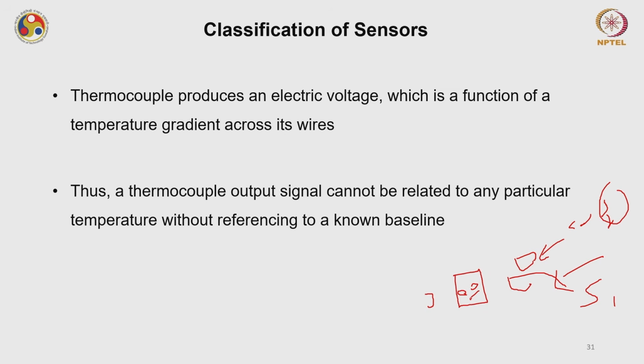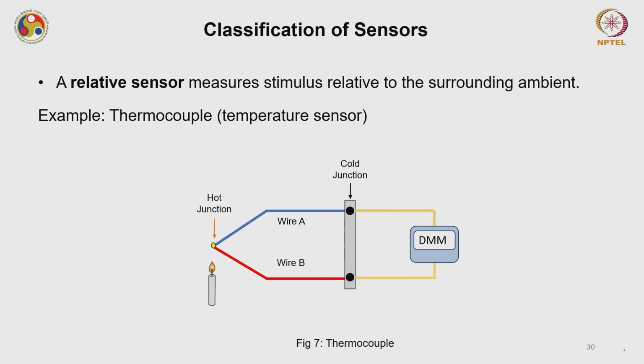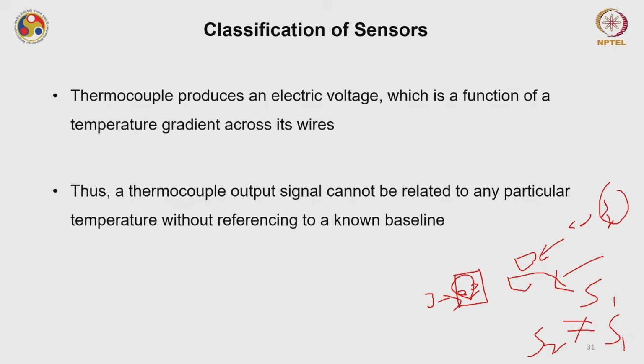If there is no gas here, S1 will be equal to S2. If this cell has some gas molecules and they absorb infrared, S2 will have a different signature than S1. Therefore, the reference for these optical sensors is very crucial, and they fall under the category of relative sensors.